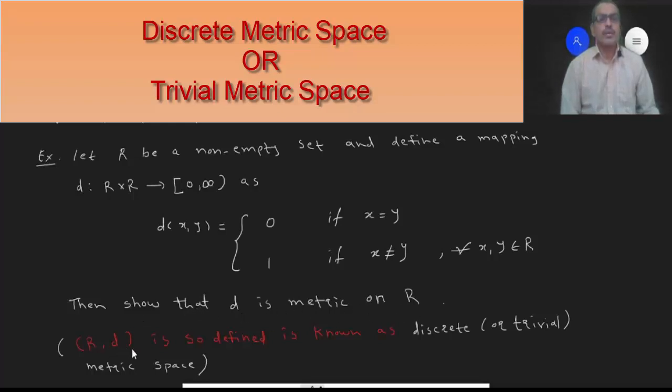The ordered pair (R, d) so defined is known as the discrete or trivial metric space. This is the definition of the discrete metric space or trivial metric space.